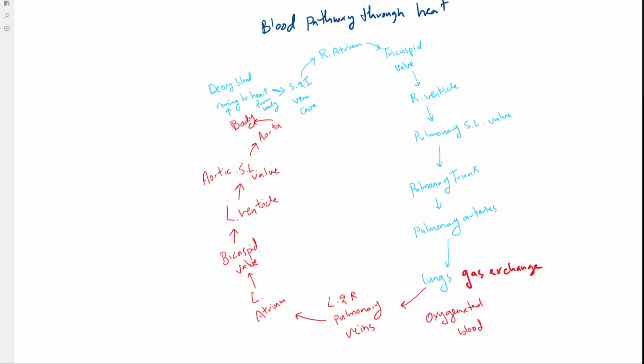And why is it in the left atrium? Because it comes from the left and right pulmonary veins. And why is it there? Because it was in the lung to get the gas exchange. But how did it reach the lungs? Through the pulmonary arteries. And those pulmonary arteries got their blood from where? From the trunk, and so on. So if you can walk it backward, it means that you have mastered this blood pathway.